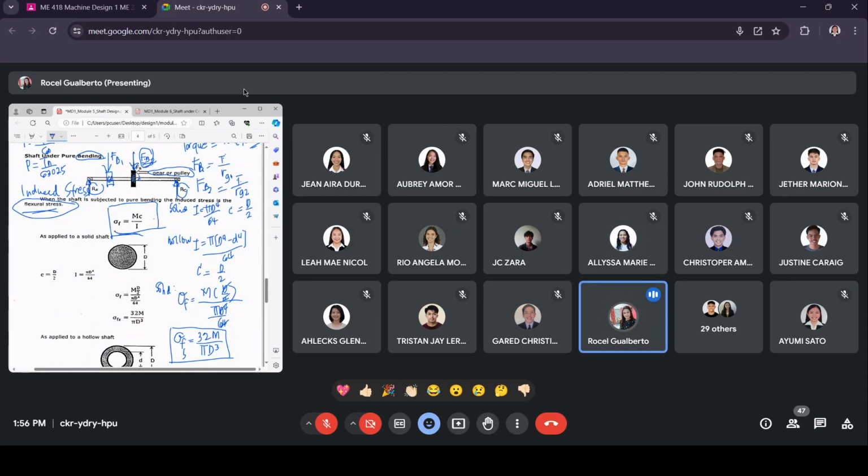Again, the question now is, how would I say that this is under pure bending? You make use of the torque from the power formula, where you solve for the torque, which has been the basis in knowing your bending loads.